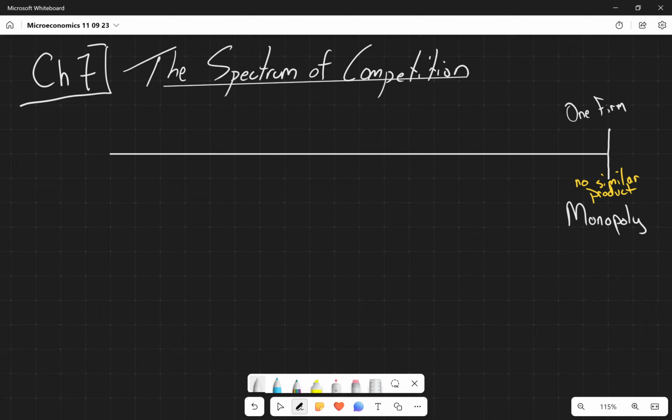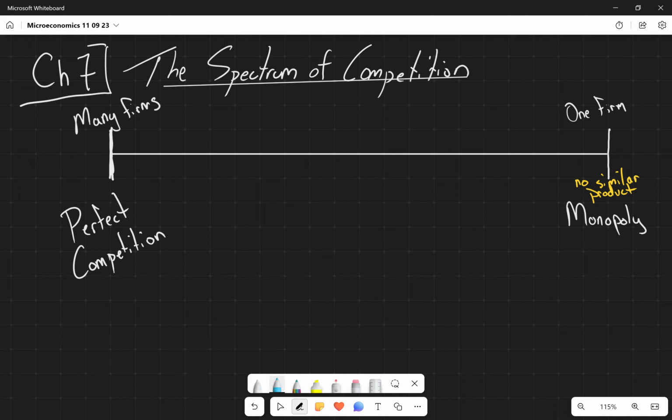The next type, as we go along the spectrum, well, actually, let's define the ends of the spectrum first. The other end of the spectrum is what we call perfect competition. Perfect competition is a situation where we have many firms, and the firms are nearly identical.